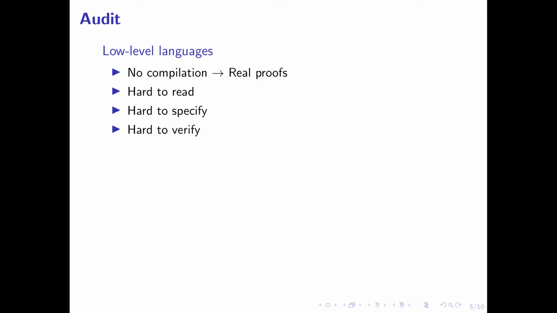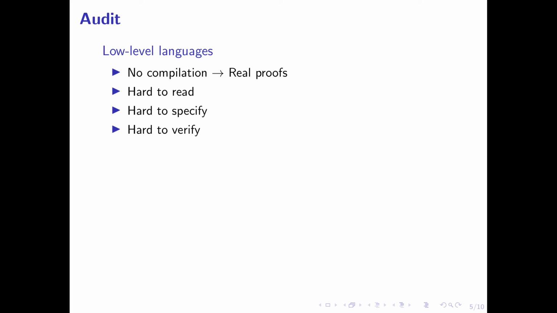There are two kinds of smart contract languages. First, there are low-level languages that are executed on the chain, like Michelson for Tezos or the EVM for Ethereum. As contracts in such a language are executed on the chain, any proof on their code will be a proof of what actually happens on the chain.